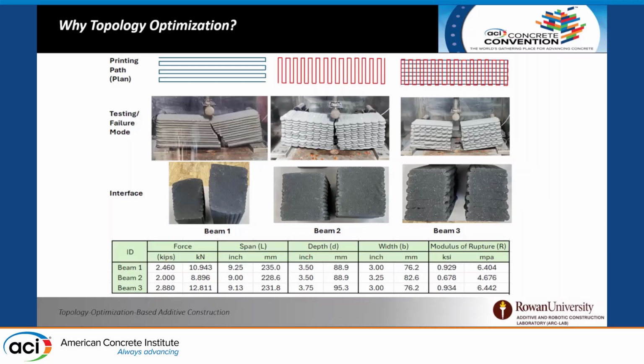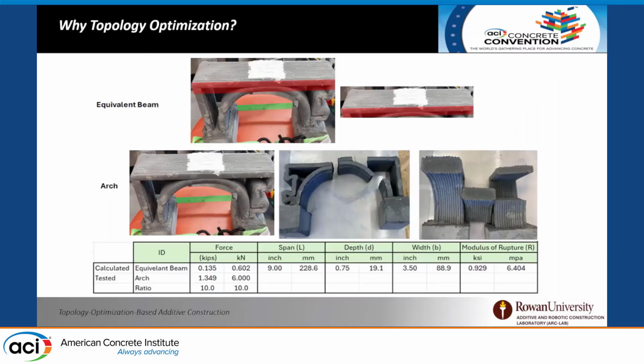You can actually see here what it looks like from the inside, and if you were to just crop one of those beams, you can see that it looks like cast in place. And we did this test to get the modulus of rupture, and you could see each corresponding to each of the beams. And so we're trying to use that to study the effect of the printing path on 3D printed structures.